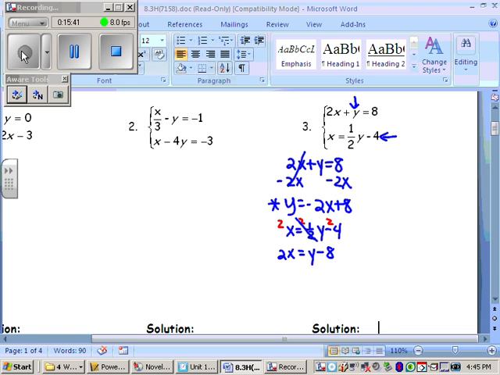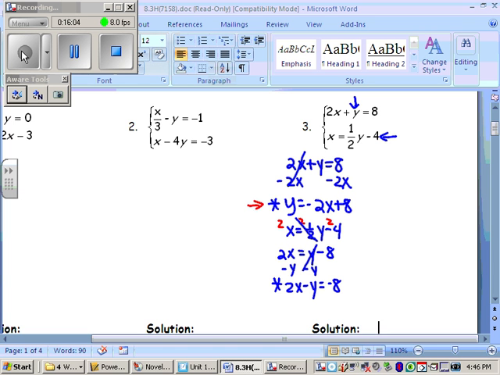Now don't divide everything by 2, because then you'll be right back to where you started from. So just leave that if you want, or if you're not comfortable with that, move the y to the other side by subtracting it. So it'd be 2x minus y equals negative 8, which would be the second equation we're going to use.